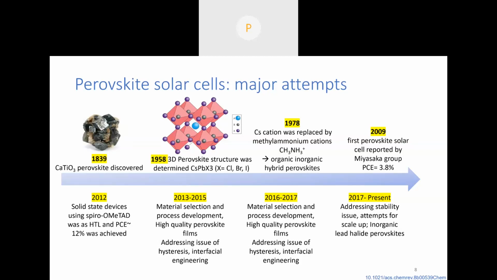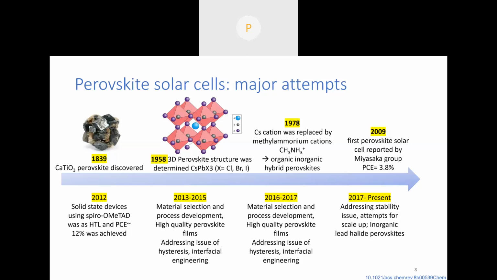Later, from 2013 to 2015, lots of work was done in terms of material selection, perovskite film quality improvement to reduce resistive effects in the solar cell, addressing the hysteresis effect, and interfacial engineering with the electron transporting and hole transporting layers. Then in 2016 to 17, research continued on material selection, high quality perovskite film formation and interfacial engineering.